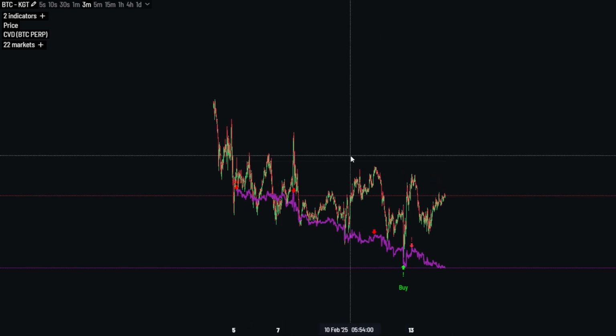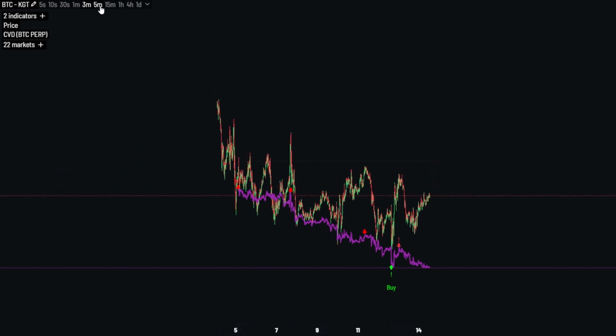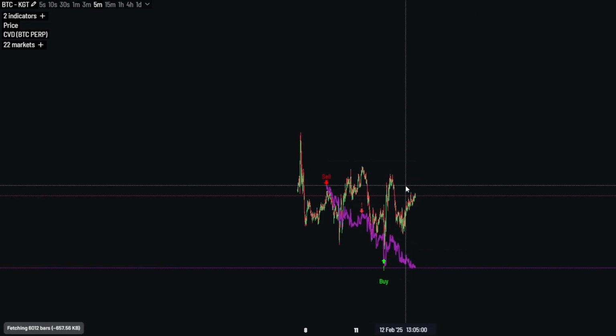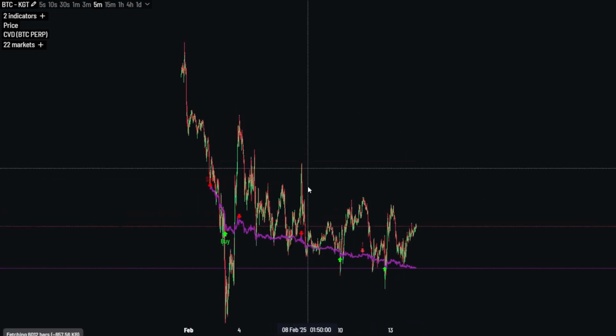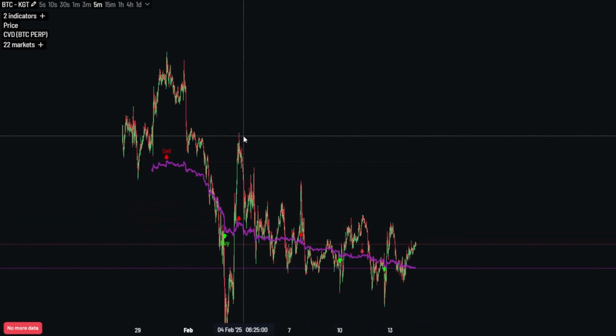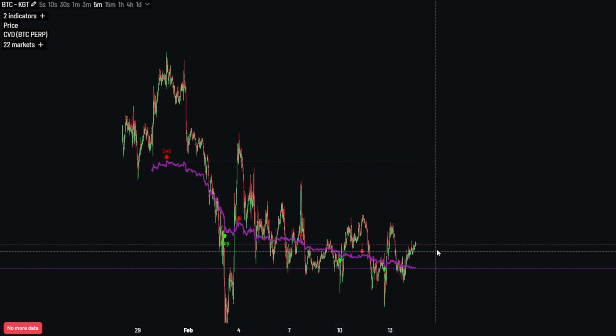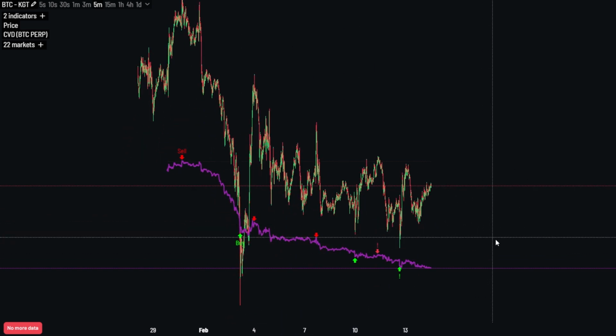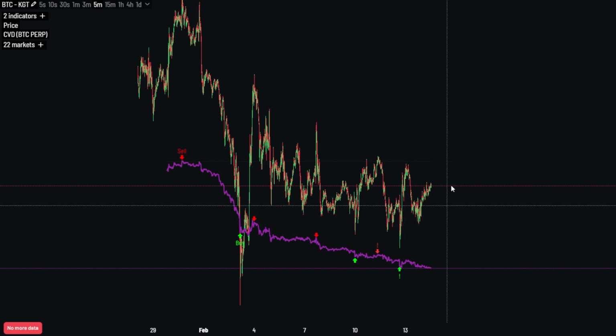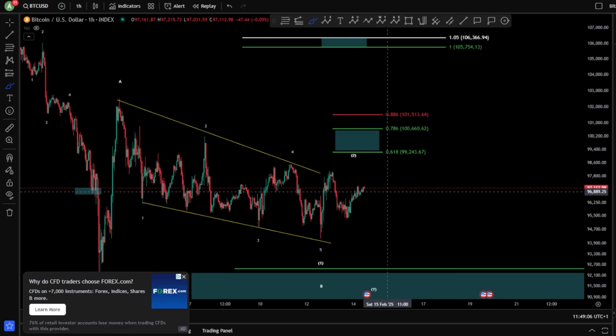Convergence also with the higher highs, let's say on the 5-minute, taken from the wave 1 especially, and then start to move probably toward the downside. We're going to see how things work out, but basically those are our scenarios.